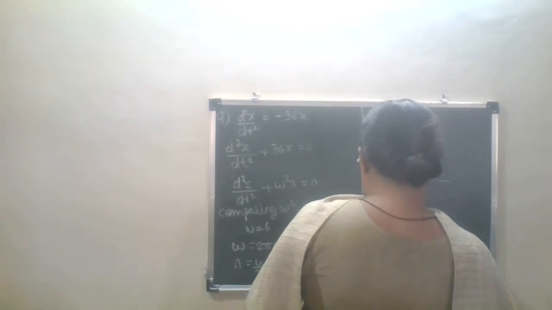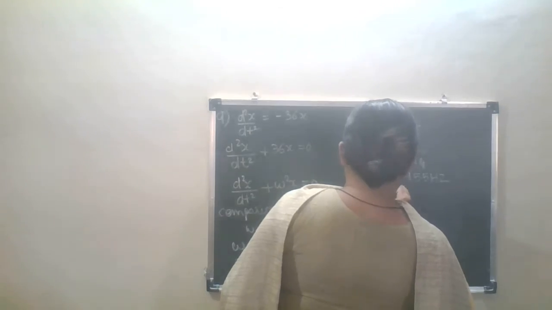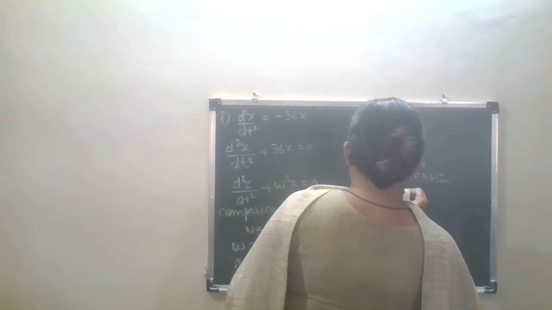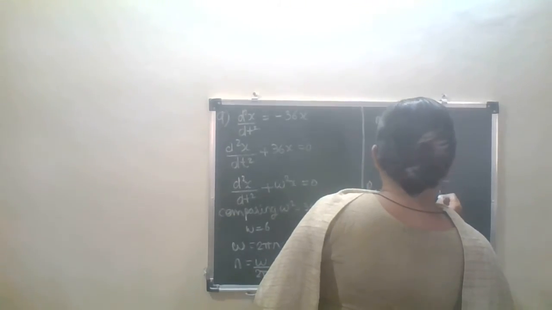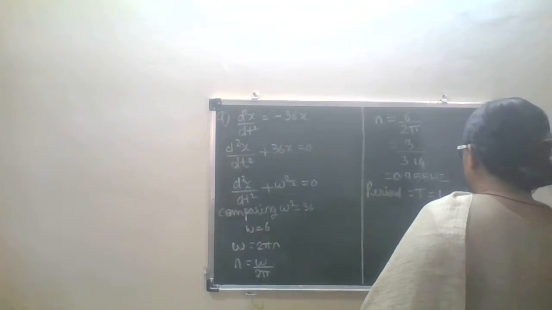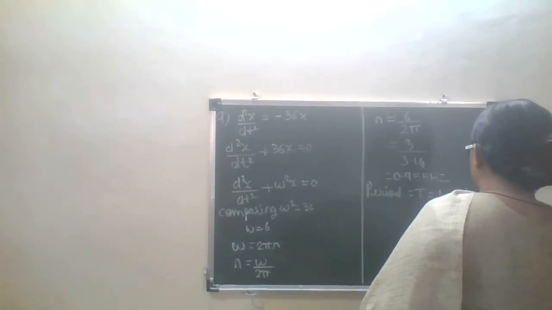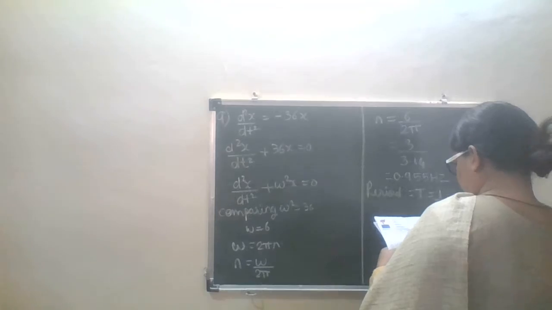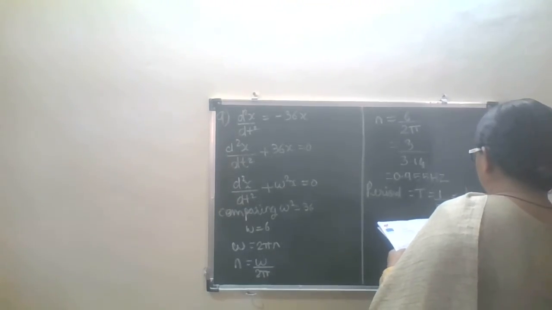And the period T is equal to 1 upon n, which is equal to 1 upon 0.955, which is equal to 1.05 seconds.